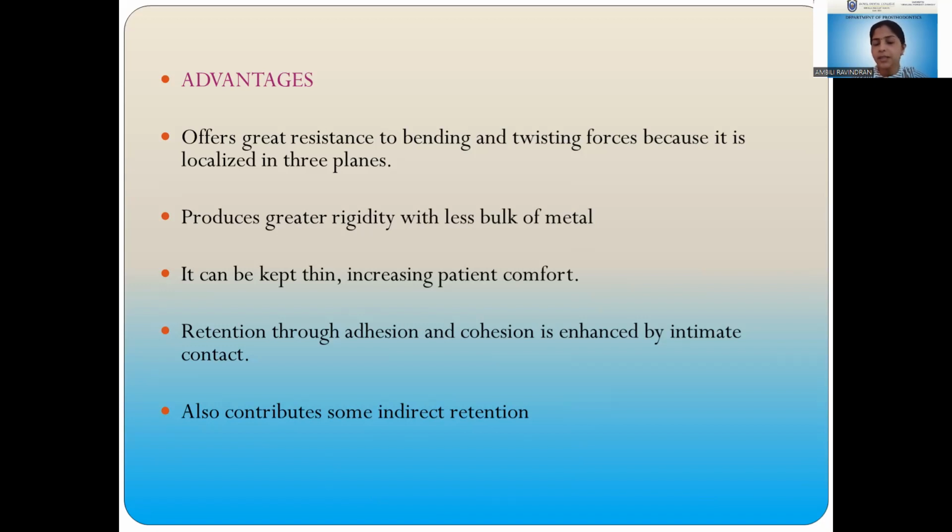And as a thin layer of metal is coming in contact with the soft tissue, there will be retention gained by adhesion and cohesion, and it will also contribute to some kind of indirect retention.